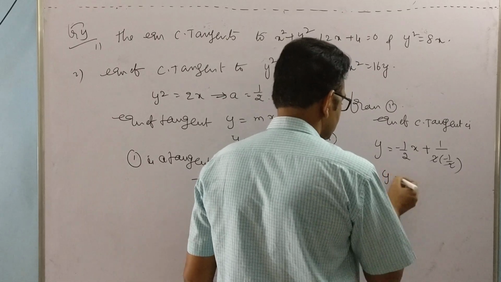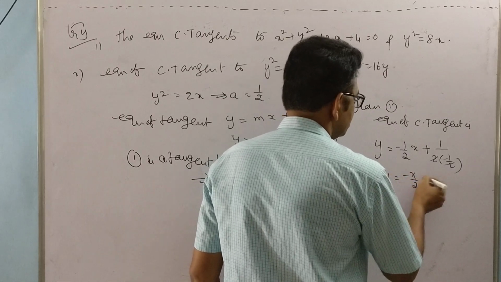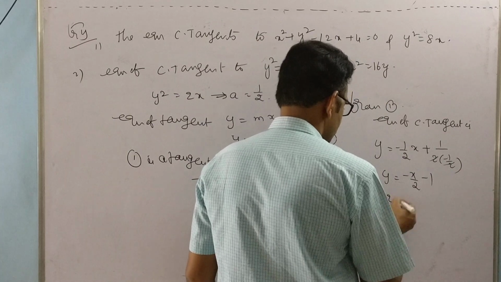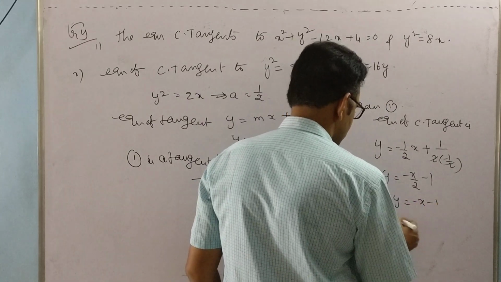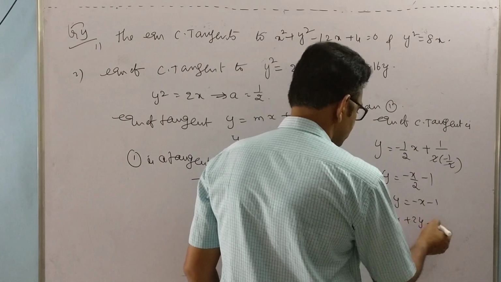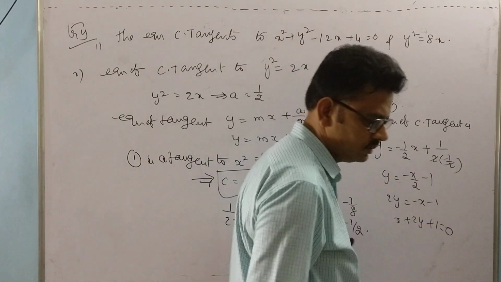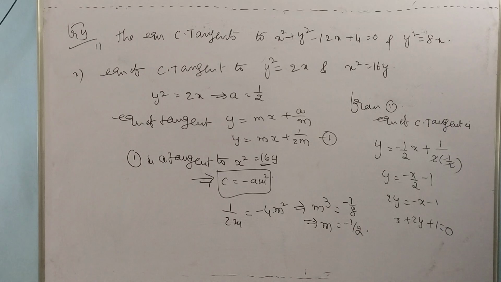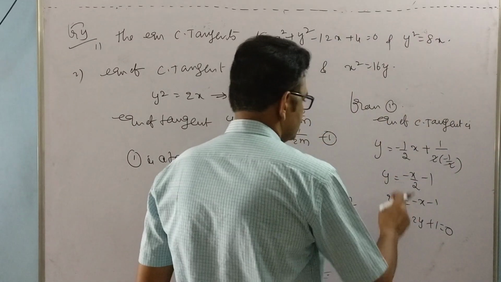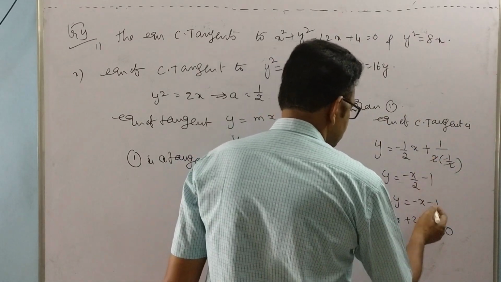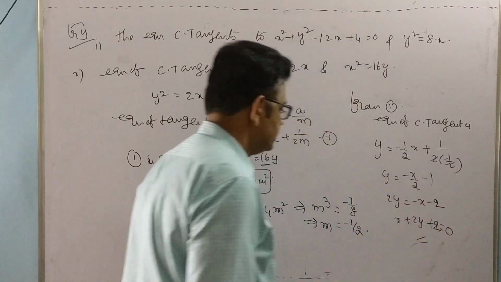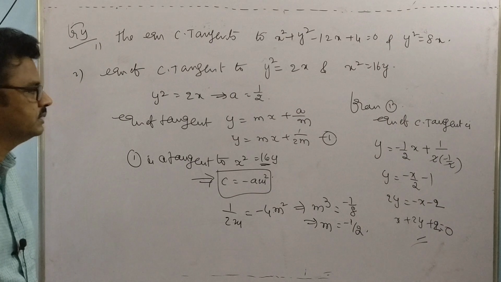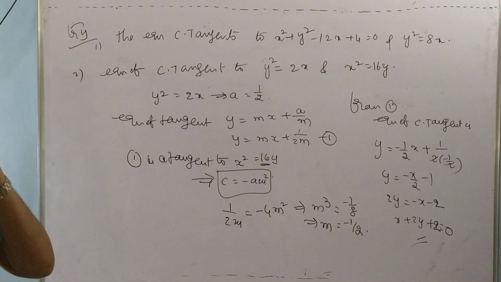Therefore y is equal to minus x by 2 minus 1, or 2y is equal to minus x minus 2. Taking LCM, x plus 2y plus 2 equal to 0 is the common tangent.